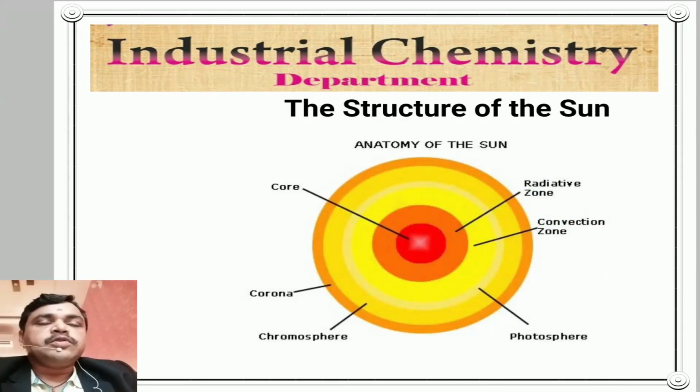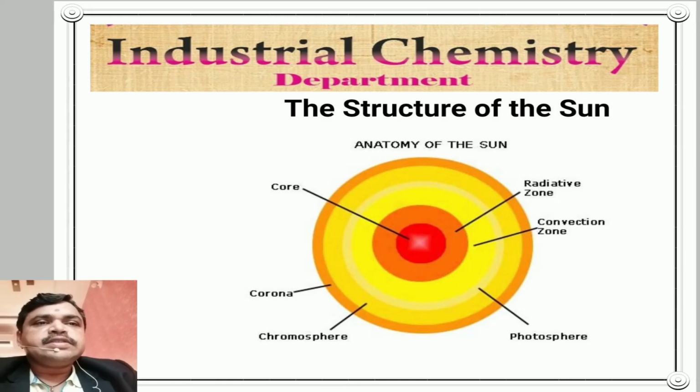Now you can all see the structure of the Sun, or layers of the Sun. In the center part, the reddish color is known as the core part, and after that the radiative zone, and then the convective zone, and then the photosphere, and then the chromosphere, and then the corona.